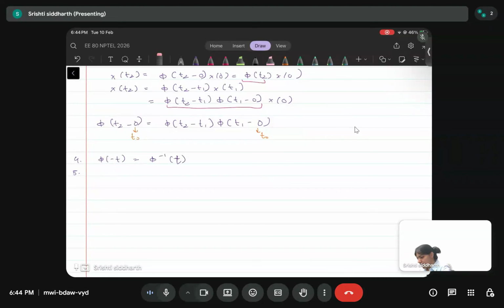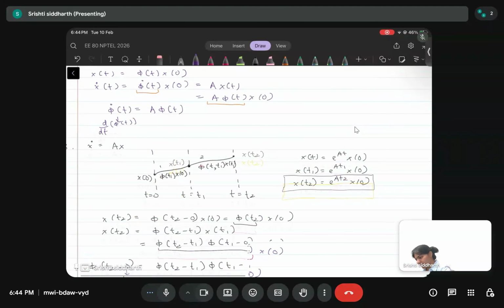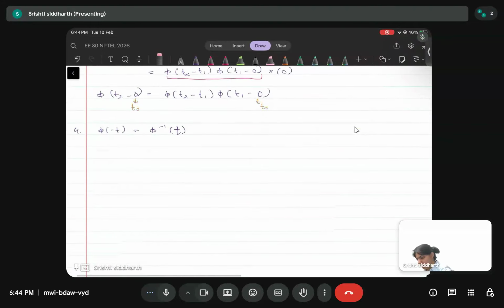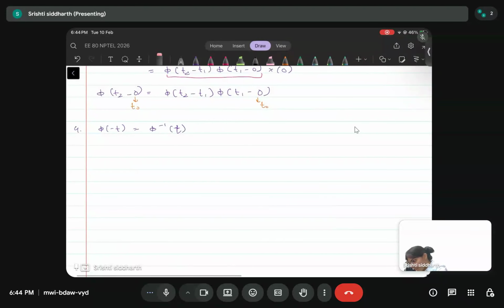Let's look at a question here, which uses the properties of the state transition matrix. So this is question 4. So let's say that there was a system. That system was defined by the matrix A. We don't know what the matrix A was, but we know what e to the power At is.